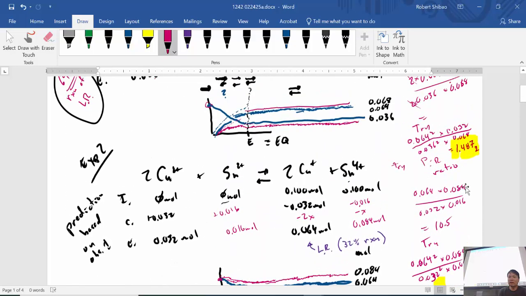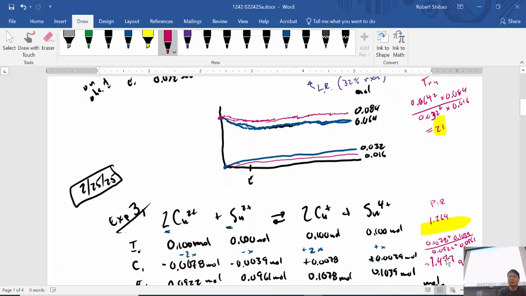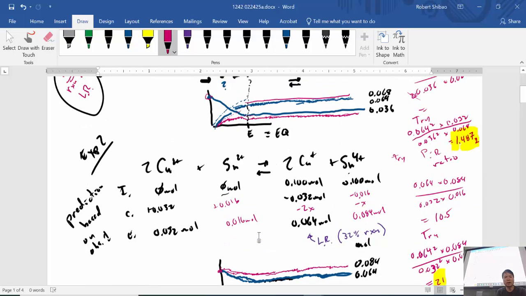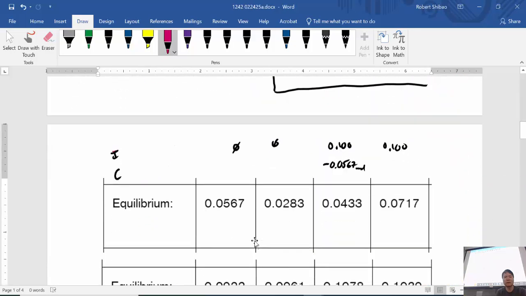So to 3 sig figs, the first one came out to 1.49, and the other one came out to 1.48. Are those pretty close? Those are pretty close. But our second one was way out there. Let me double check the second one's calculation. Maybe I made a mistake here. So double checking the second one's calculation, and let me make sure I got the data correct for the second one.